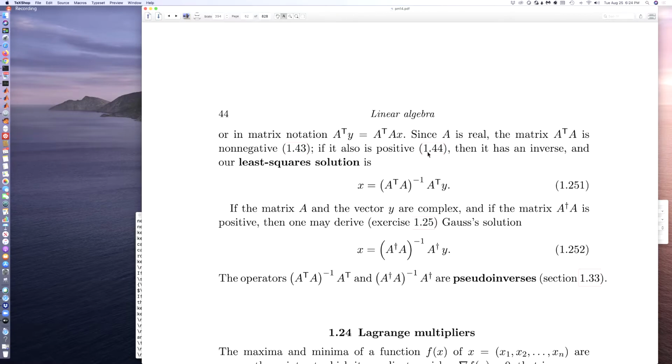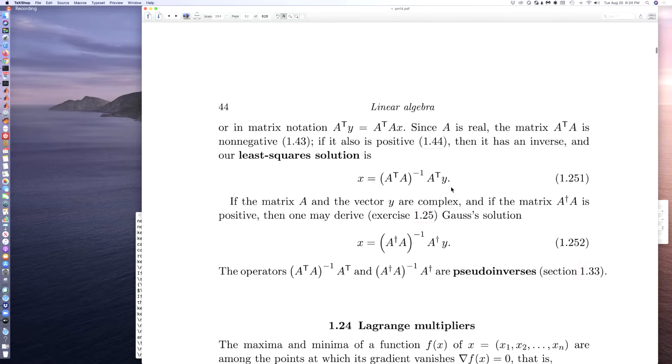It might have a 0 eigenvalue, but it's non-negative, so all its eigenvalues are either 0 or positive numbers. If they're all positive numbers, then it has an inverse. And then what we do is we take the inverse of this positive matrix and say that X is equal to (A transpose A) inverse times A transpose Y. So that's basically Gauss's solution.